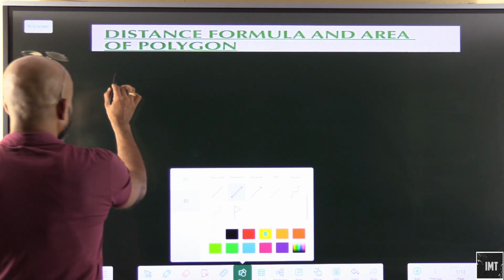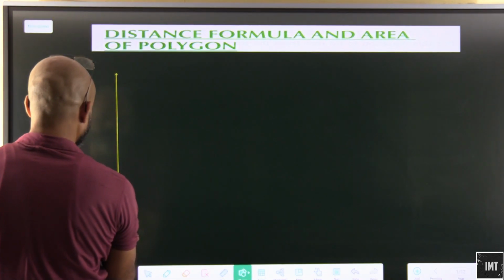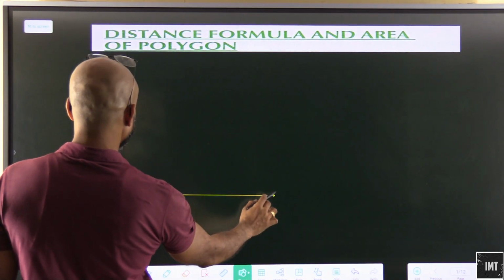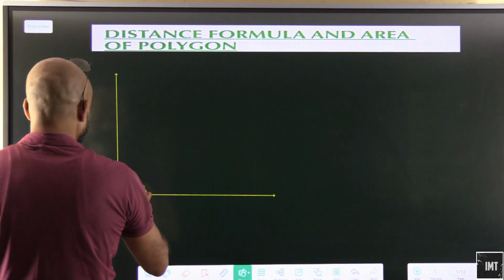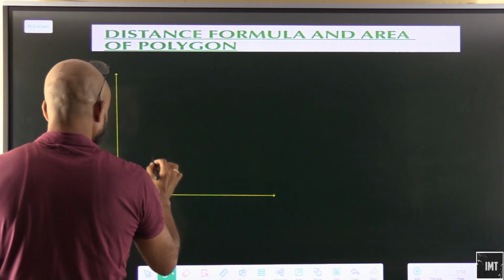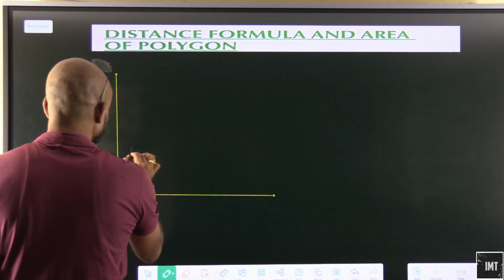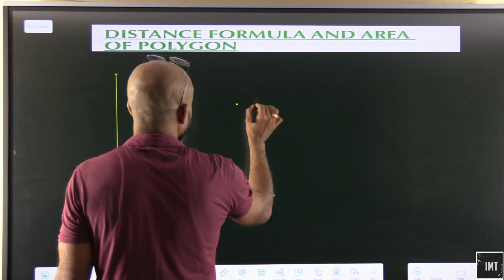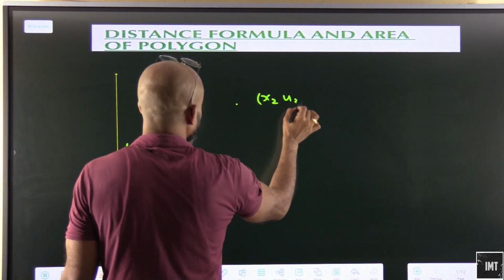So let's say if we have a coordinate axis out here, this is basically a coordinate axis, and let's say we have a point here x1 y1, and we have a point here x2 y2.